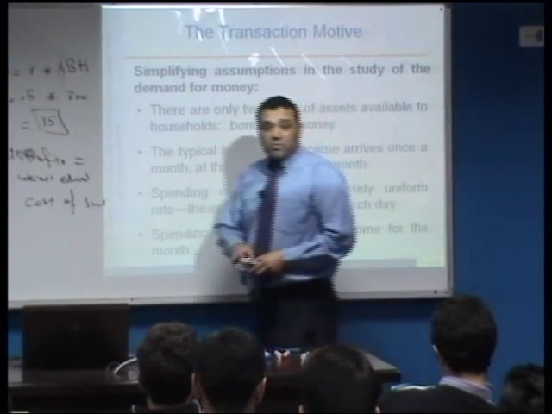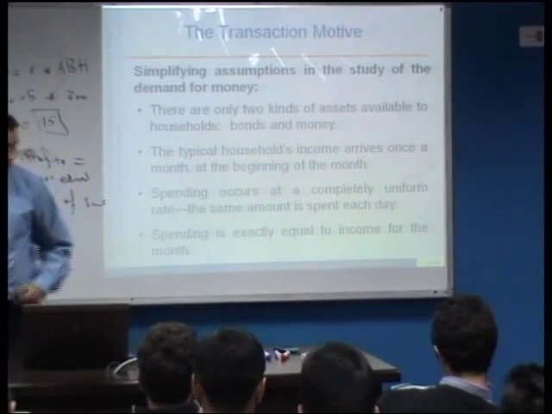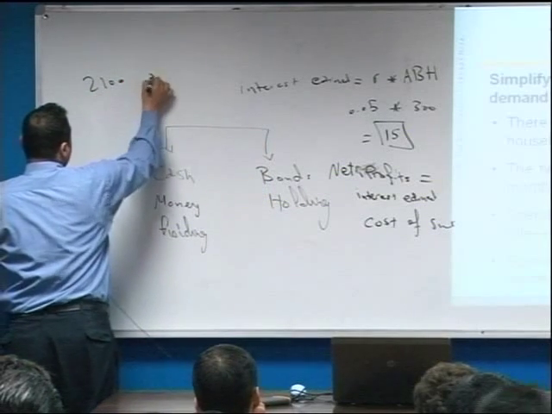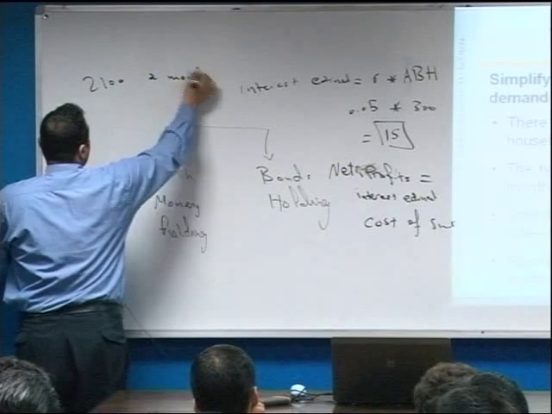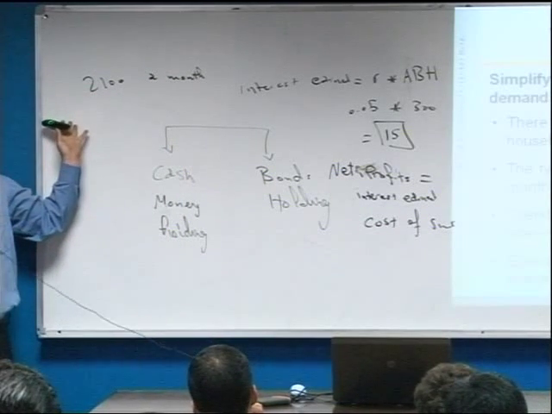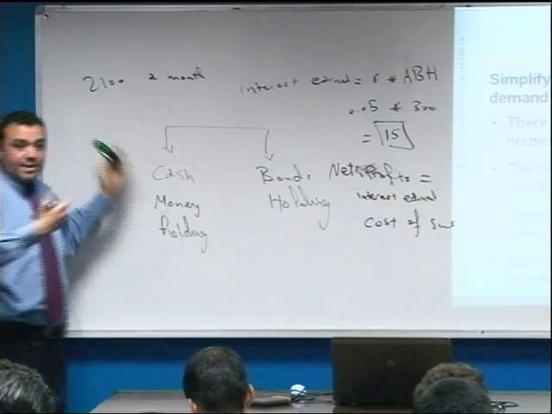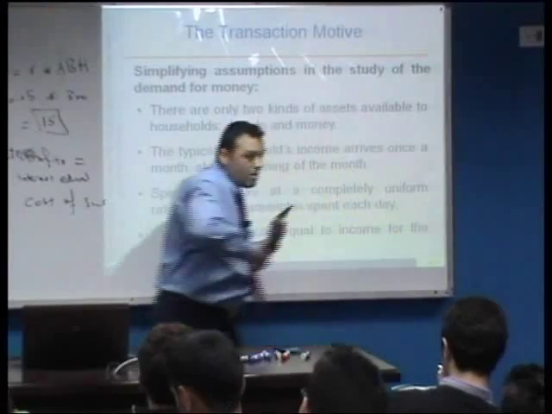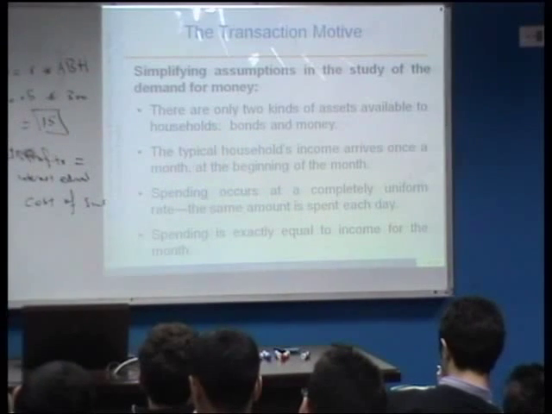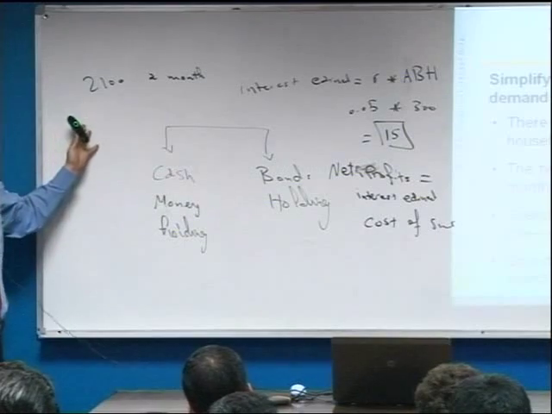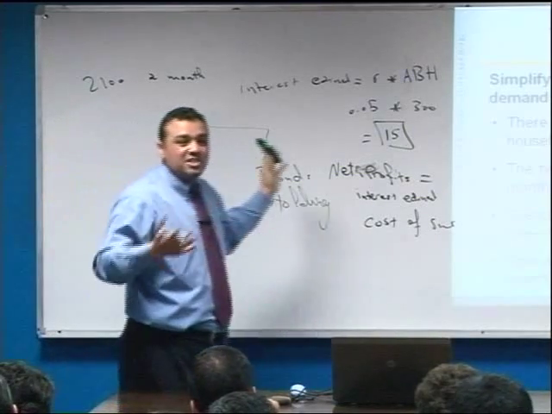So if we assume that your income equals $2,100 a month, you receive this income at the beginning of the month, and you spend this amount along the month at the same rate every day. So how much is the average daily spending?